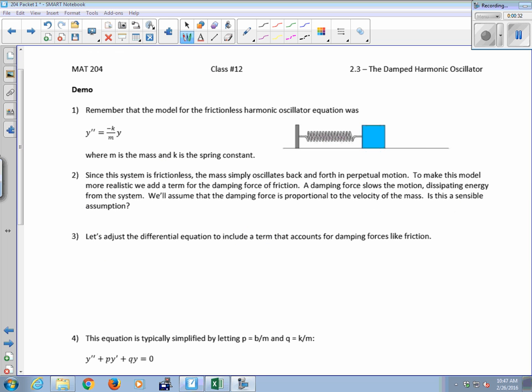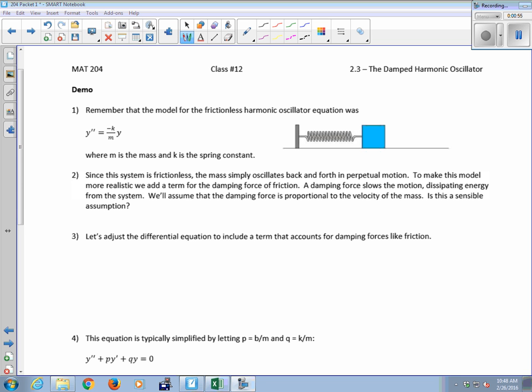All right, so two classes ago on Monday, you did a lot of group activities that involved analyzing an undamped harmonic oscillator, the harmonic oscillator that has no friction. So today we're going to talk about the introduction of friction to the harmonic oscillator.